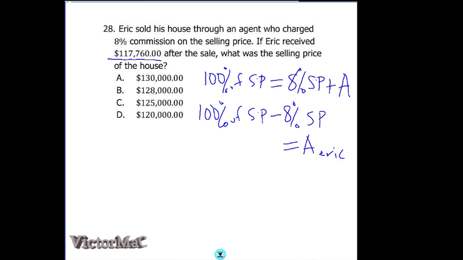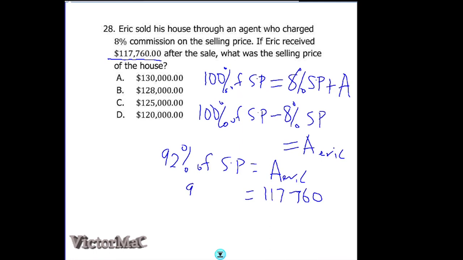So what is 100% of the selling price minus 8% of the selling price? 100 minus 8 is 92% of the selling price, okay? And that's the amount Eric received. And what's the amount that Eric received? He received 117,760. So 92% of the selling price. All right?